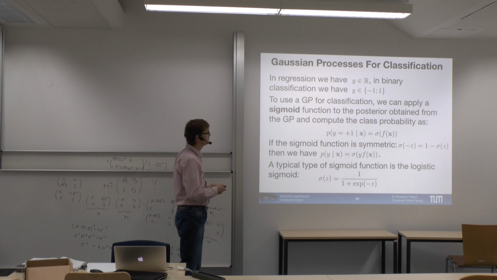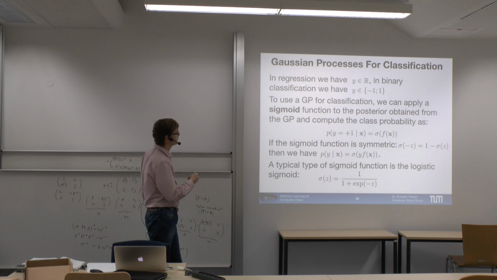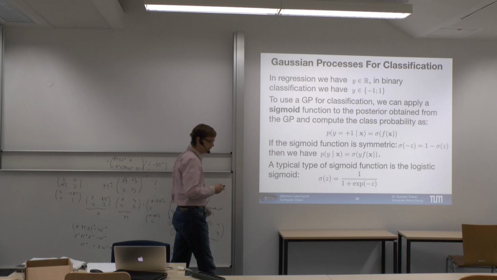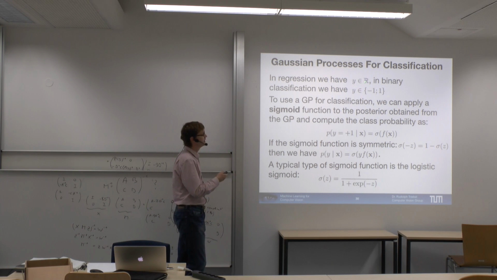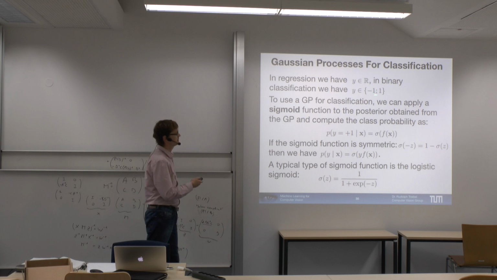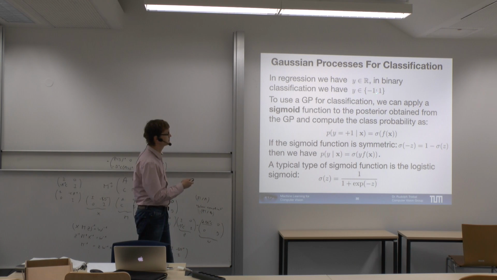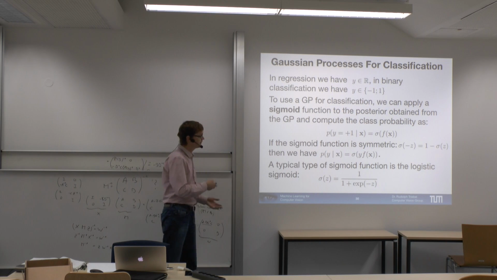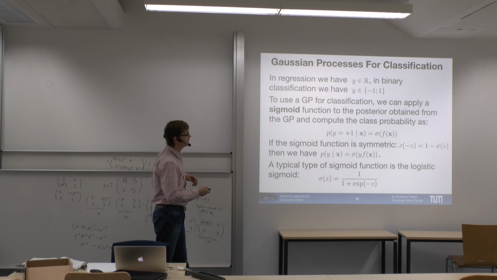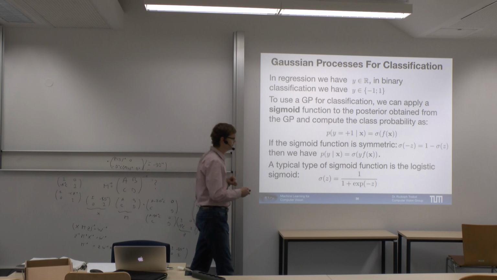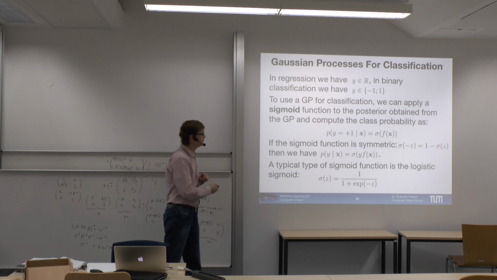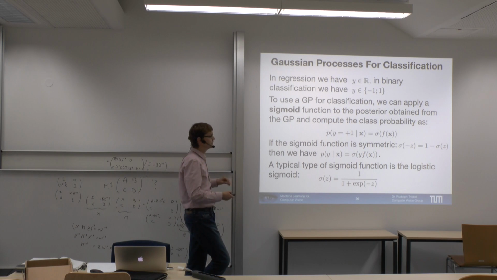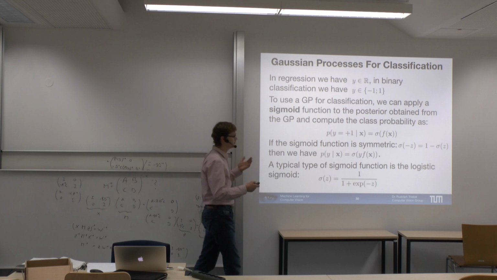The idea is this. The only difference between regression and classification is that y in one case is a real value and in the other case it's just a binary value. So y can be just -1 or +1. The only step that we do now between regression and classification is that we apply a function called a sigma function. This sigma function is applied to our prediction of f, and sigma is simply a function that maps the entire real numbers into an interval between 0 and 1.